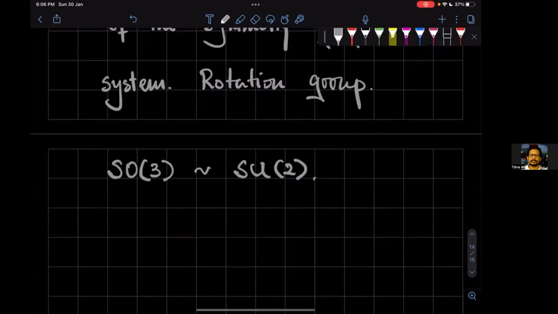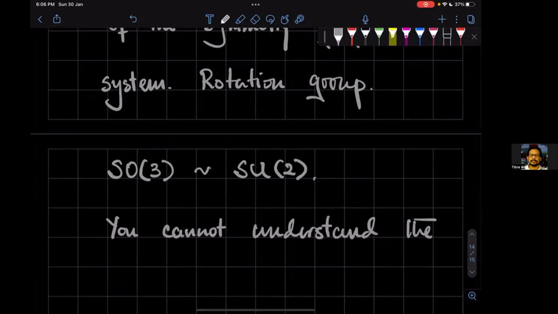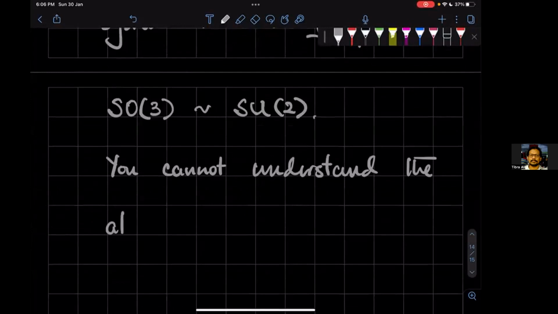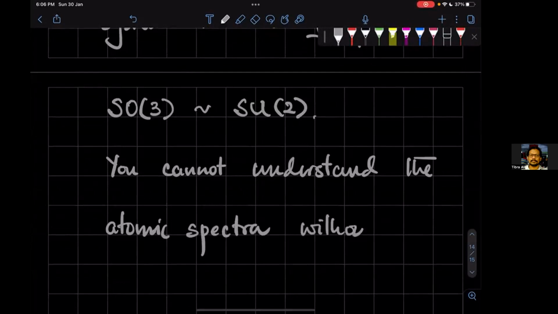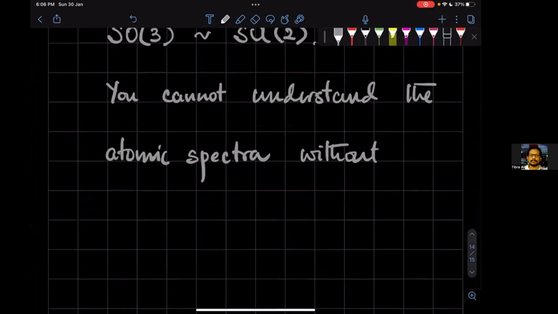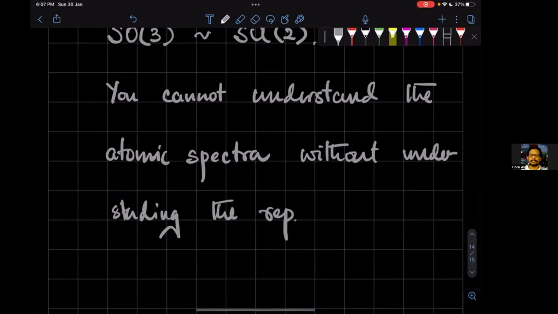So you cannot understand the atomic spectra, for example, without group theory, without understanding the representations of SU(2).